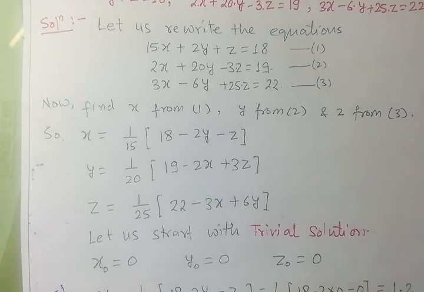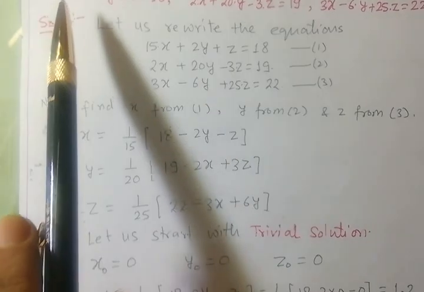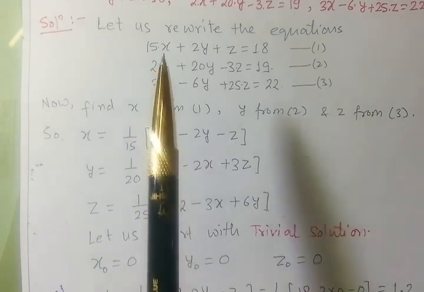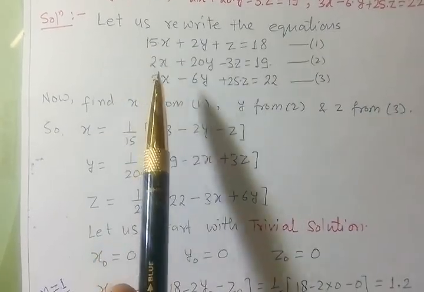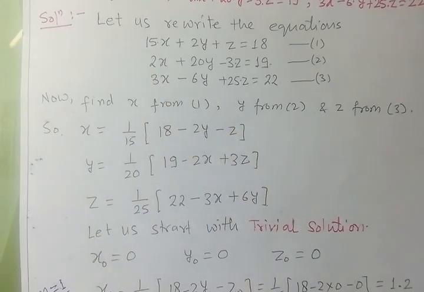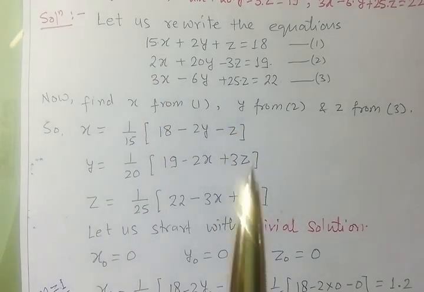Means we have to see the coefficients of x. What is the coefficient of x in the first equation? 15. Second equation 2. Third equation 3. Which is the highest one? 15.